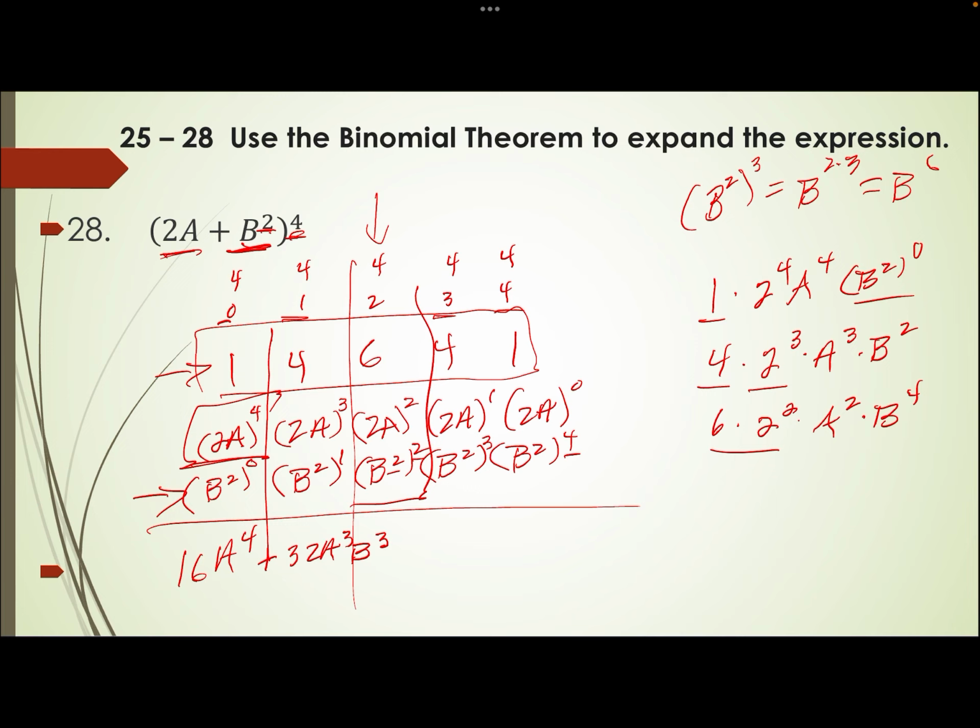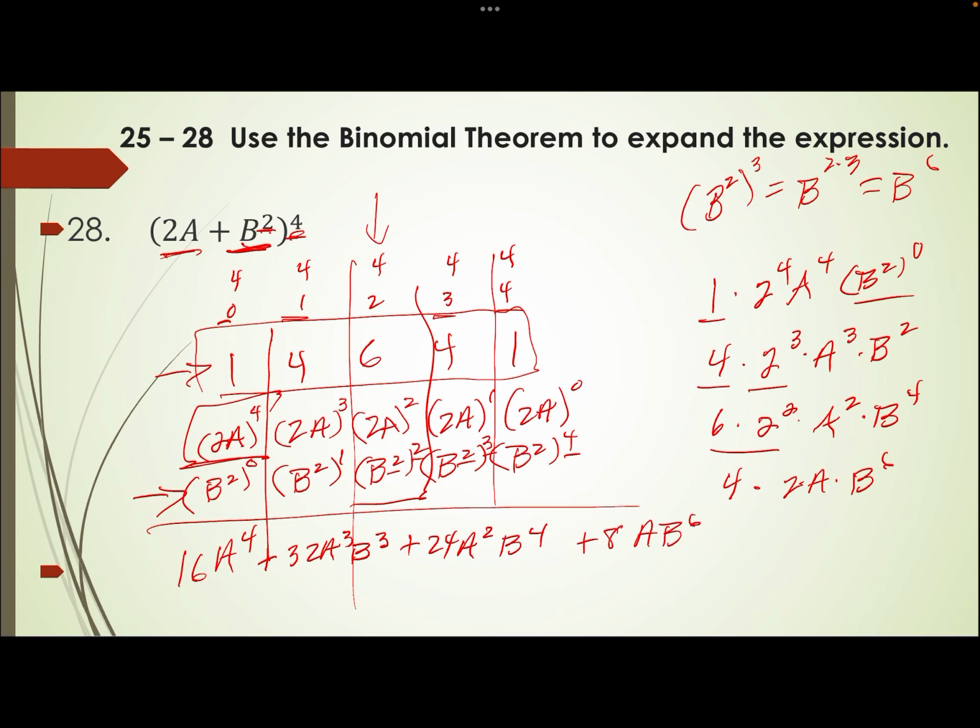So I get 24 a squared b to the 4th. And my next one is 4 times 2 to the 1, a to the 1, times b to the 6th, because it's 2 times 3, and I get plus 8a b to the 6th.